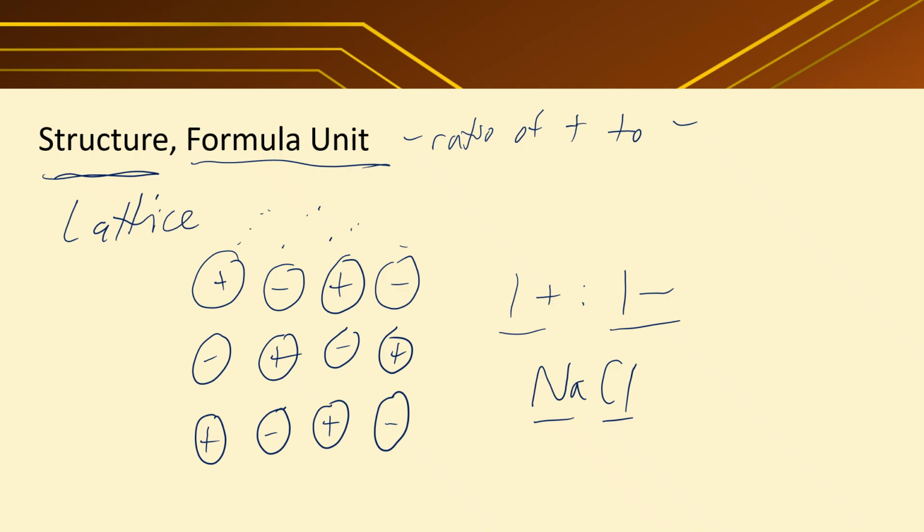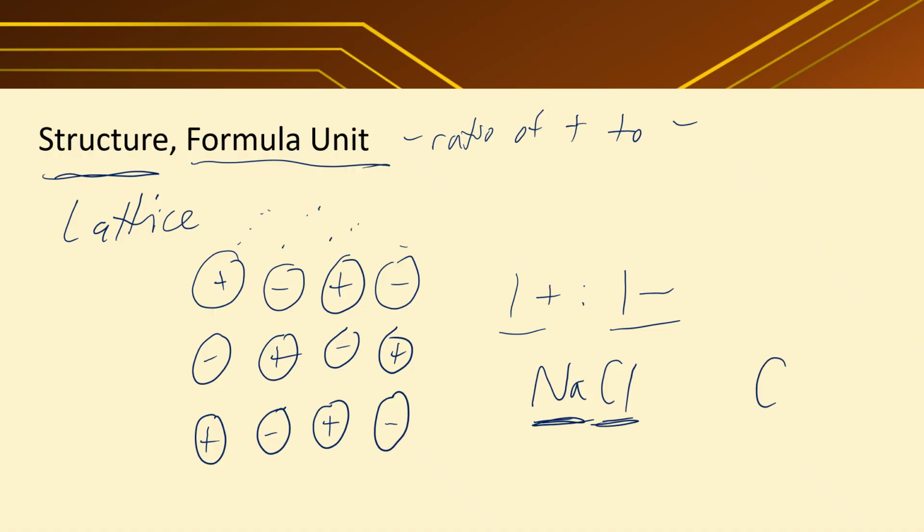Now, this is distinct from covalent compounds. We don't distinguish between individual pairs of ions, but we know that it's always in this ratio of 1-to-1, which is our formula unit. Now you can have other ratios.